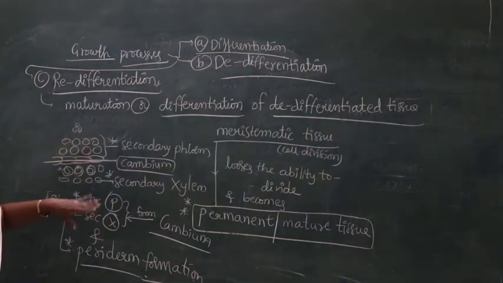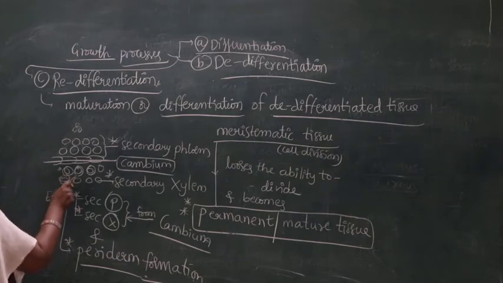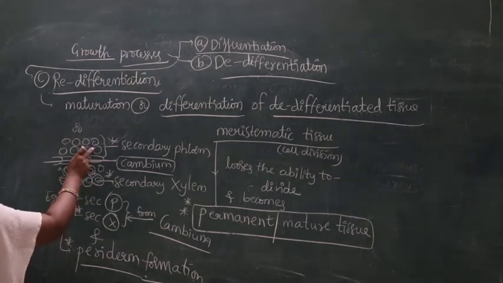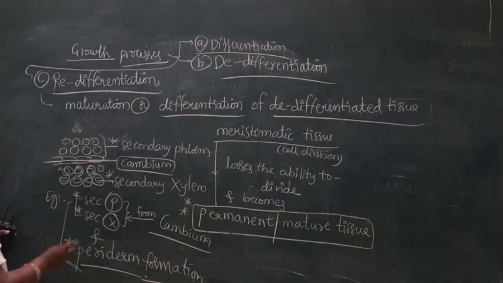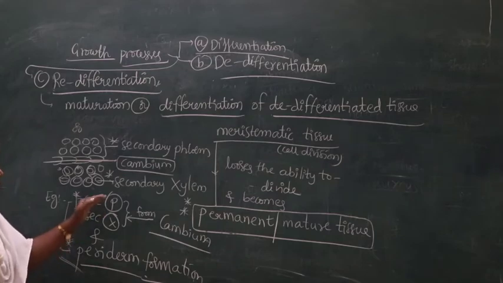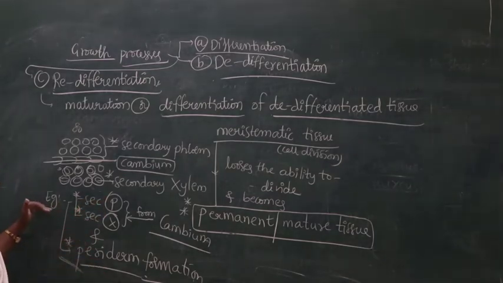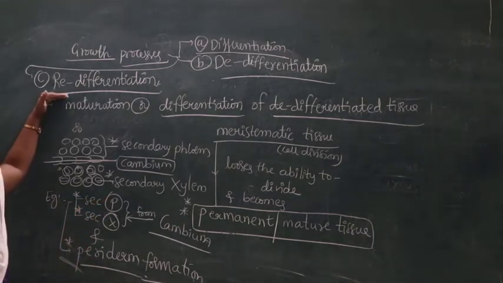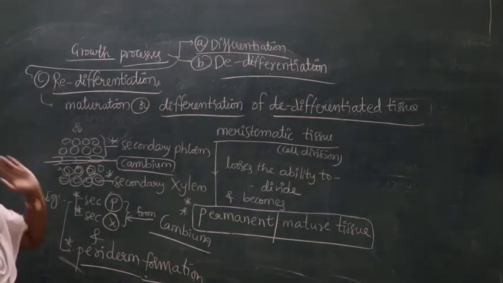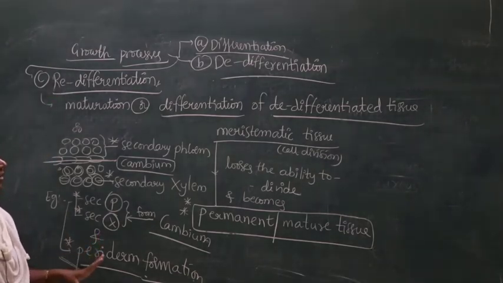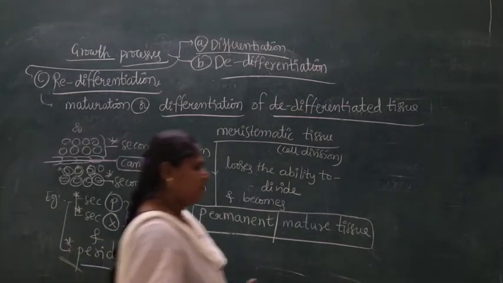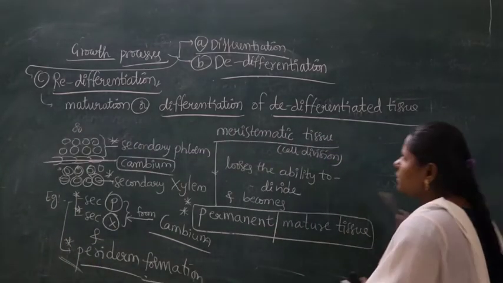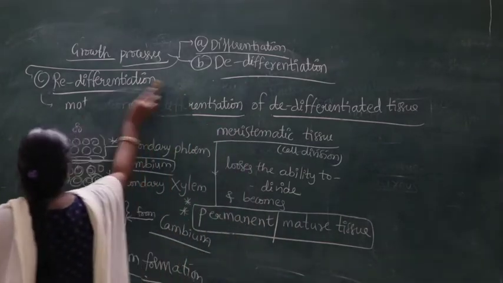These once again lose the ability to divide; structurally and functionally they are differentiated, one into secondary phloem, the other into secondary xylem. Later, at the end of secondary growth, you can even see formation of periderm. So, formation of these three are the examples for re-differentiation. Okay. So, let us study all together the examples for all three processes. I hope you understood this re-differentiation.